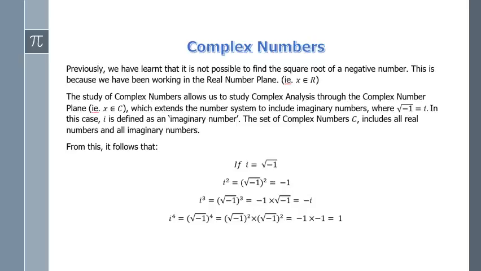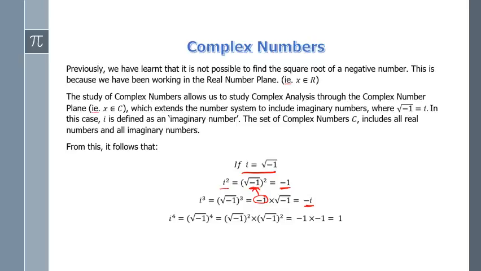Okay, so if we know that i is the square root of -1, which we have here, we know that i squared is the square root of -1, squared. If we square and square root something, we just end up with that something, which in this case is -1. i cubed is the same as -1, i squared from up here, times the square root of -1, which is -i.